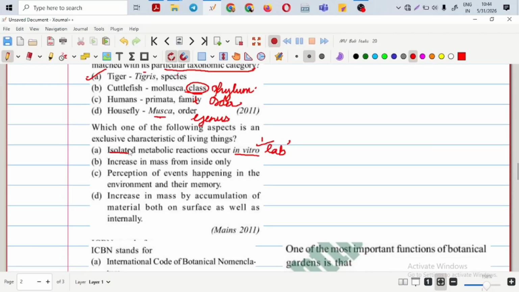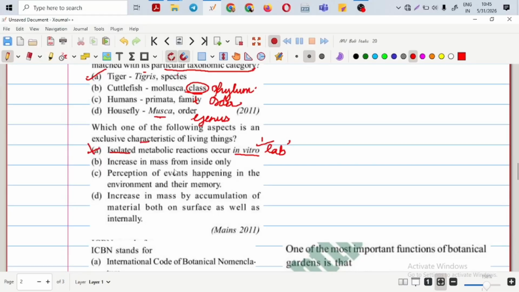Isolated metabolic reactions, the term is also important. No. Exclusive character, no. We do have integrated, combined, step by step, fused metabolic reactions.